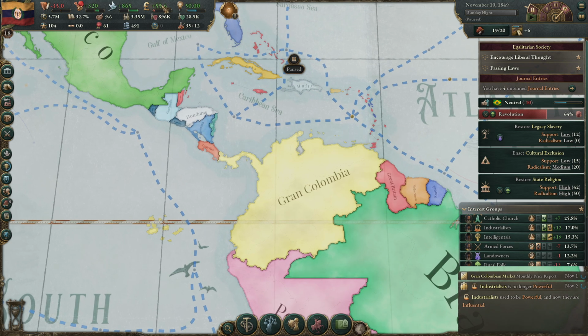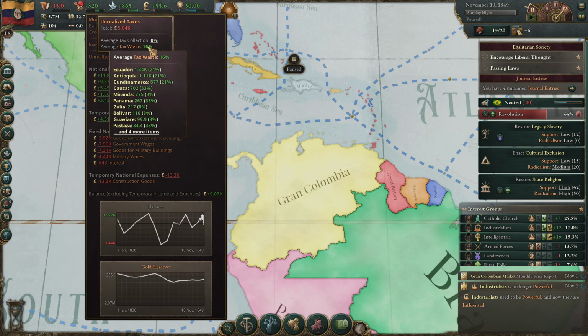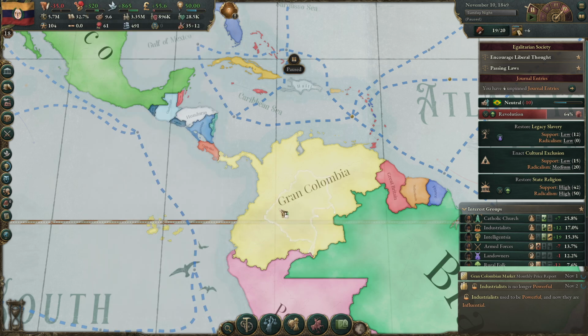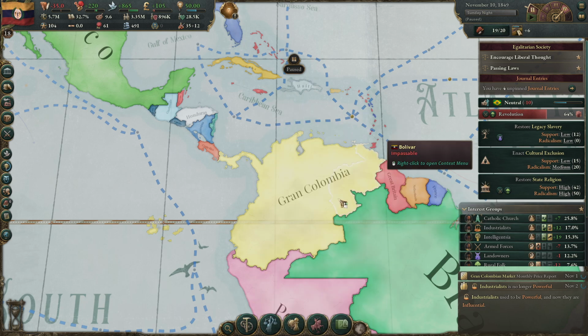And we still need to get our unrealized taxes up. We have turmoil in the country, so we are losing taxes, especially in Ecuador, Antiguilla, and Cundinamarca. Causa is only 700, but what I can do in Causa, which one was Causa here, is also do violent suppression, so we have minus 50% state penalties.